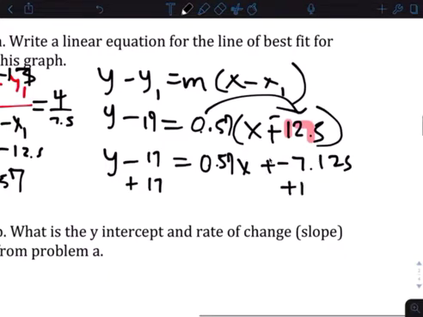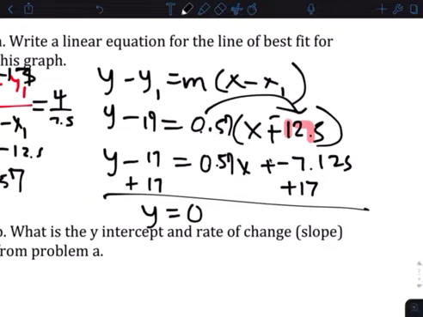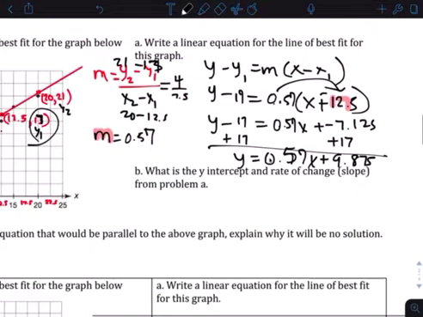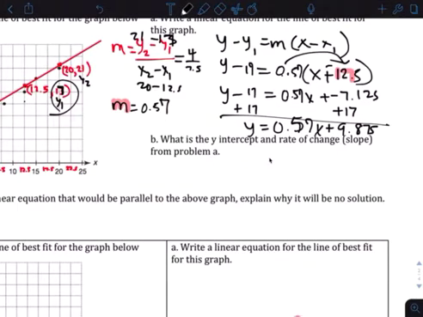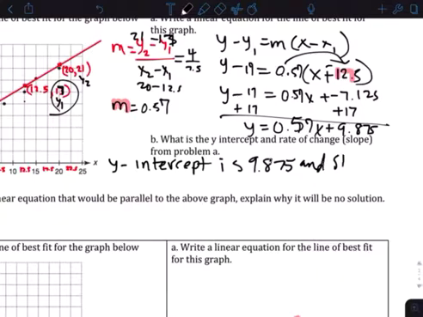If I add 17 to both sides, I get y equals 0.57x plus 9.875. So the y-intercept is 9.875 and the slope is 0.57.